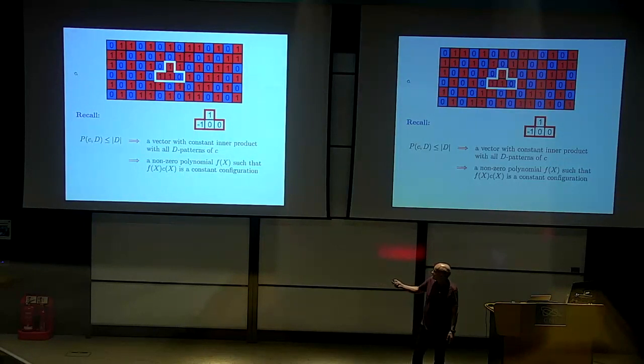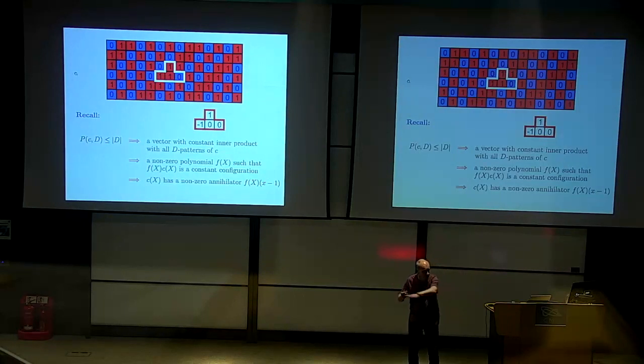So we see that every low complexity configuration has a non-trivial polynomial that gives you a constant configuration. You get the same value everywhere when you multiply with that polynomial. But then if you multiply further once more, not only with f, but then you have this constant configuration, you just shift it once anywhere you like, and you get 0.